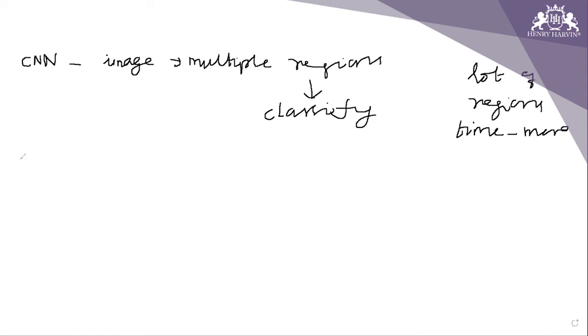Then we discussed RCNN. What approach did it use? It used the selective search approach, which generates regions and extracts around 2000 regions from each image.